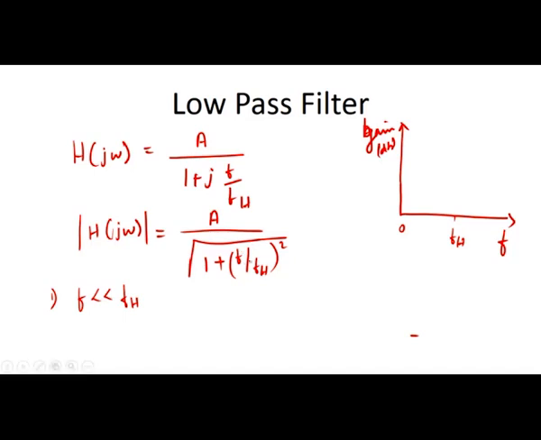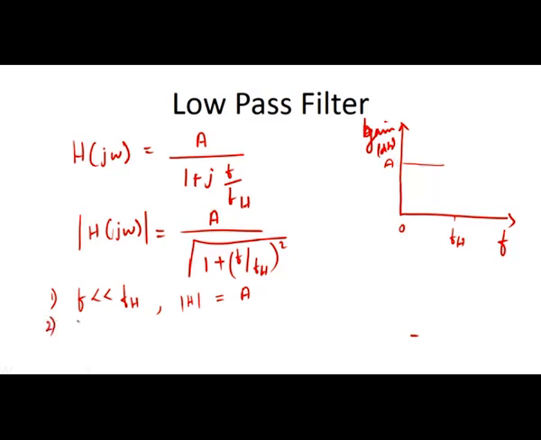What is the output of the gain in that case? The modulus value is equal to A. So, A will be the gain of the filter.